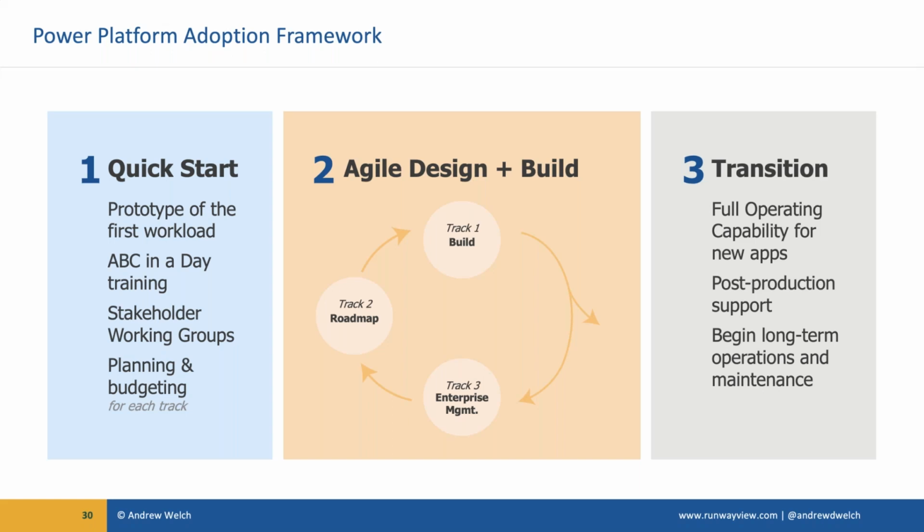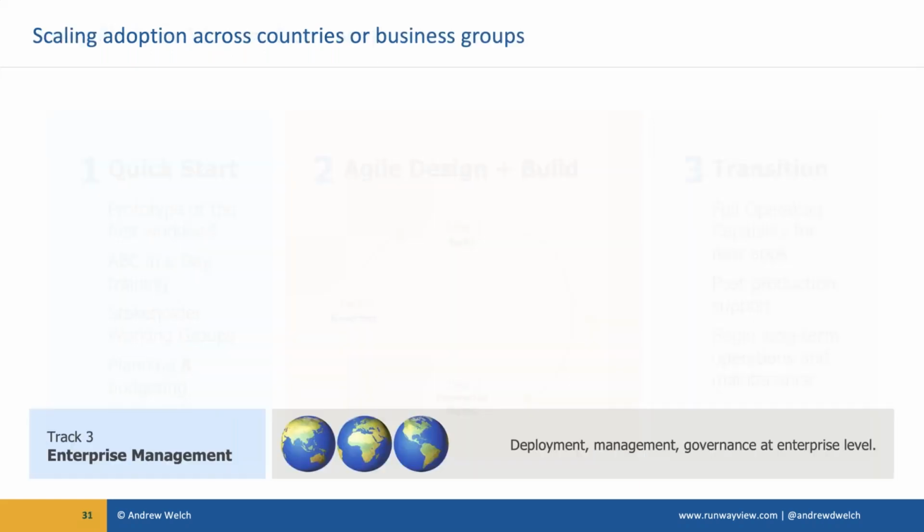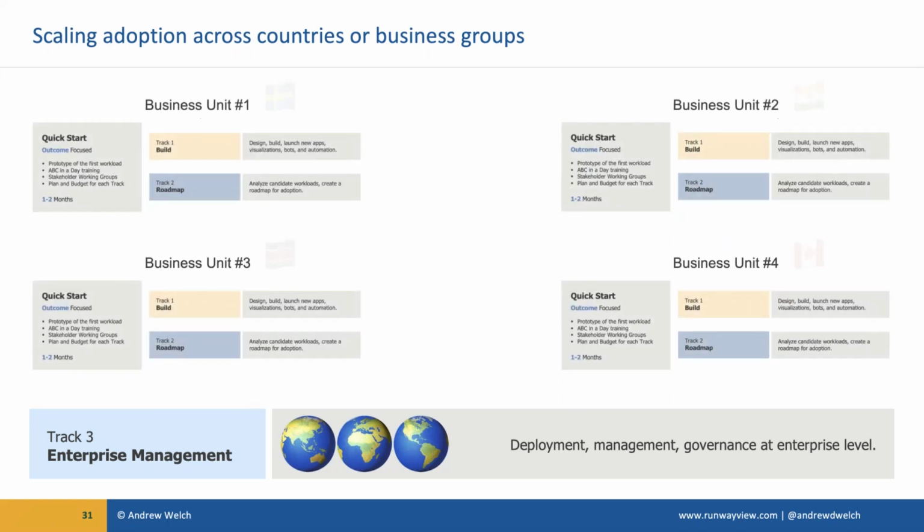And if we're doing this across business groups or countries or regions, the idea is to establish that enterprise management at the base level. So to establish the platform and to manage and govern it and secure it, and then to allow different business groups, and they could be by country, they could be by product line, they could be by region, however you define business groups in your organization, to adopt the platform at their own pace, right?